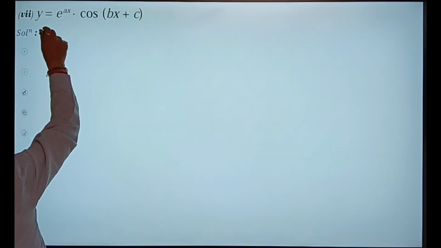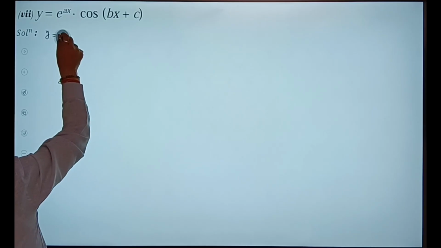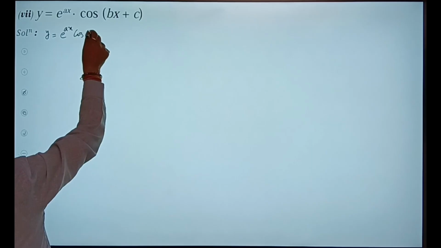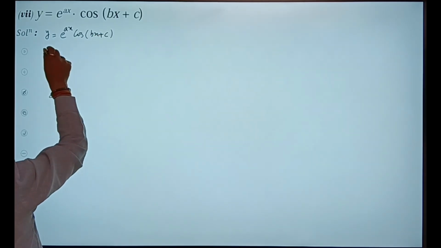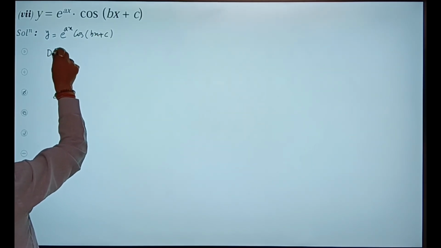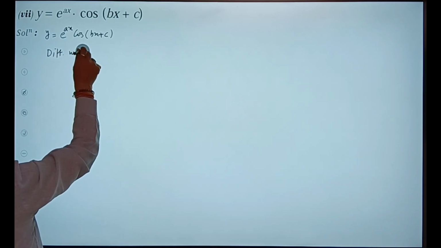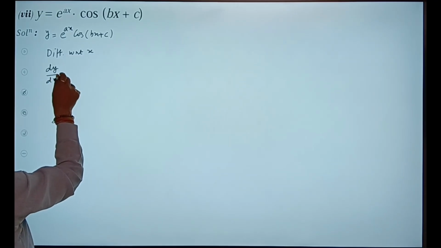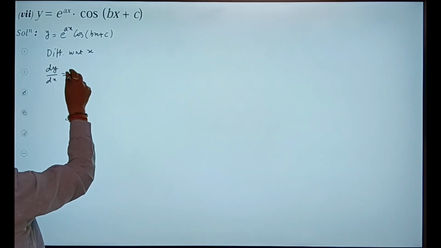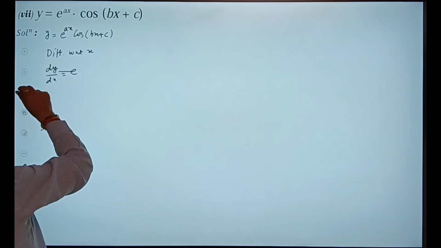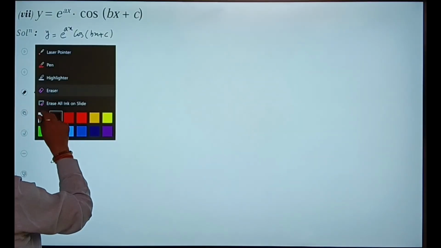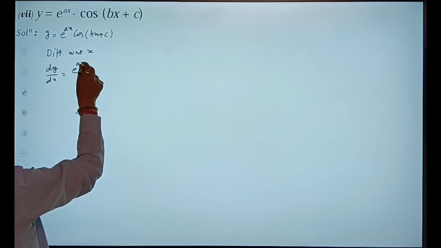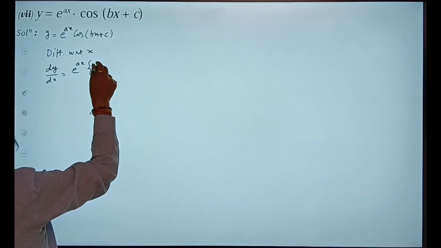Y is equal to e raised to ax cos of bx plus c. Differentiating with respect to x, dy by dx is equal to u into v, e raised to ax, derivative of cos bx plus c is what?